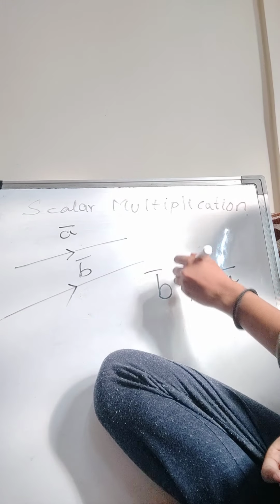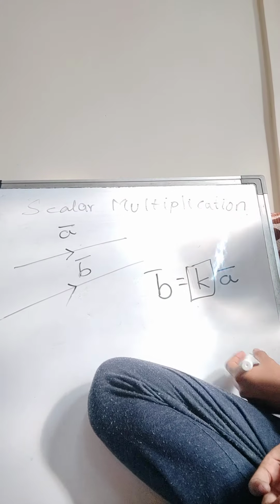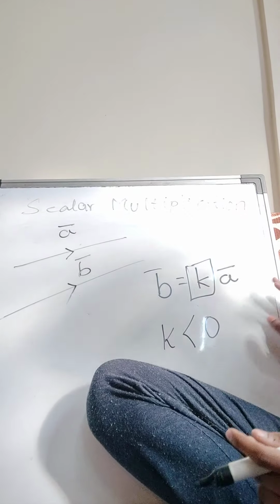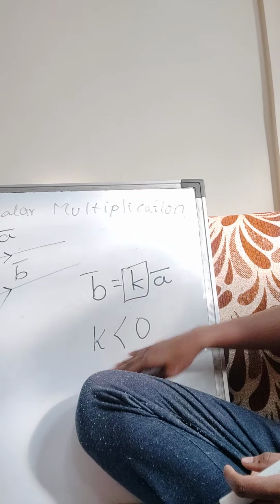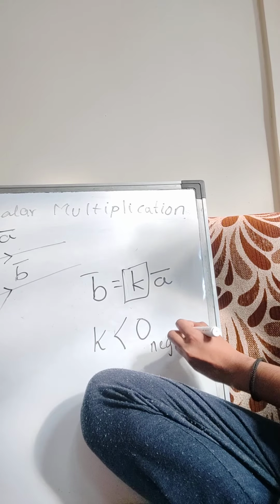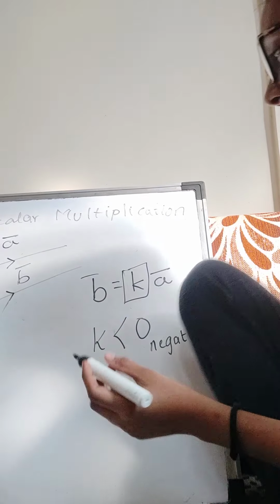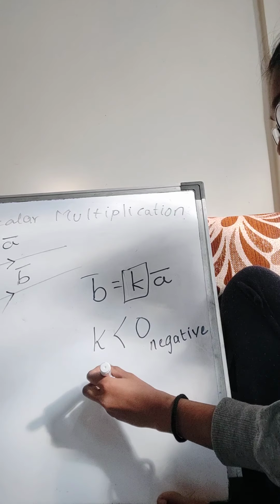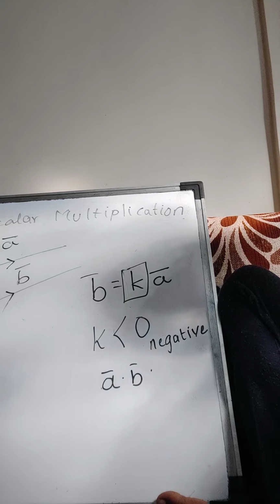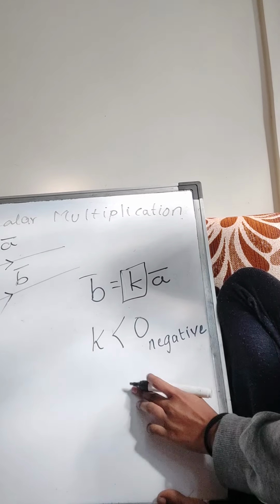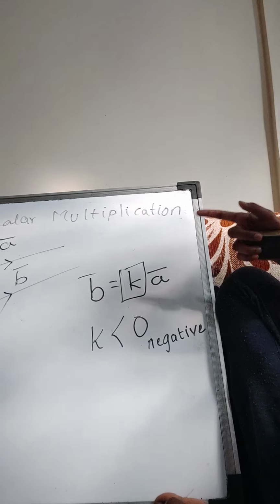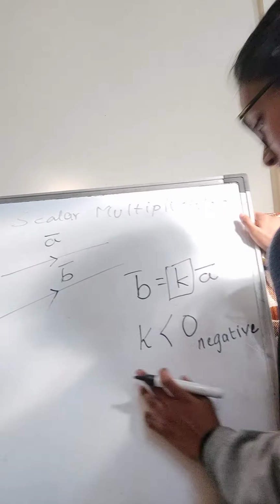When this K is less than 0, which is negative, then A and B are not in the same direction. Their direction is opposite to each other.